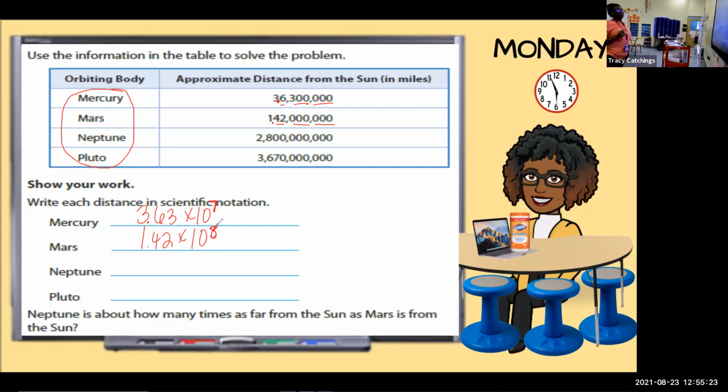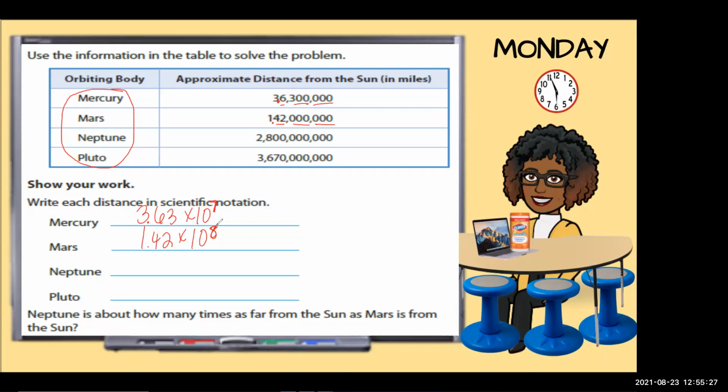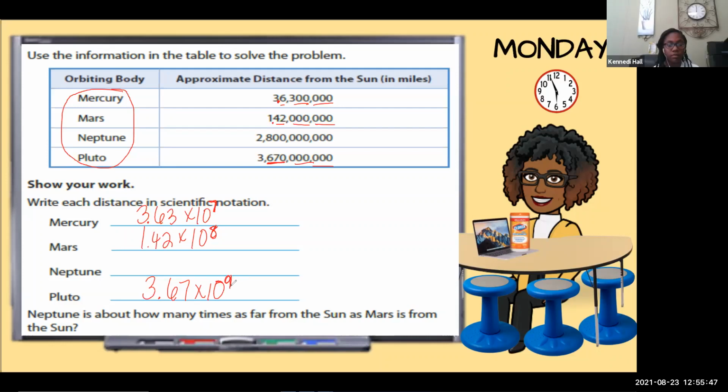All right, somebody different. Help us out with Neptune. 367. No, 3.67 times 10. 1, 2, 3, 4, 5, 6, 7, 8. 8 decimals. All right. You missed one, but I love it. 3.67 times 10 to the 9.